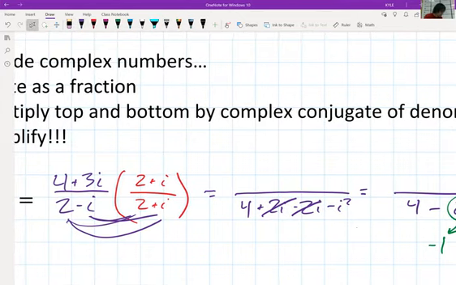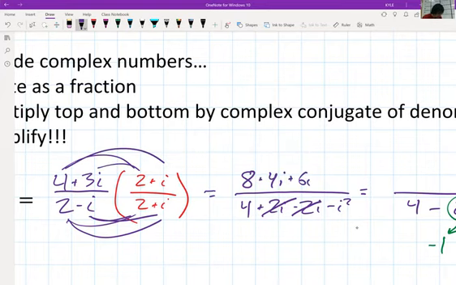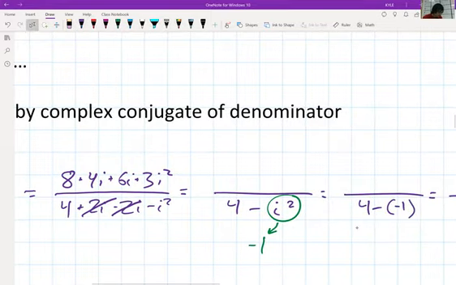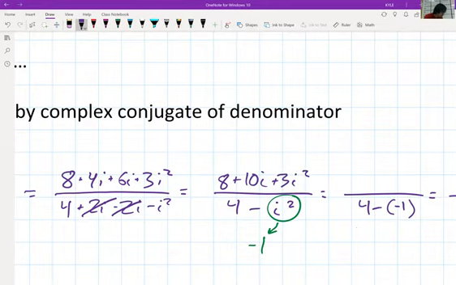So continuing on, let's just make sure. So we get 8, we'll FOIL the top, plus 4i, plus 6i's, plus 3i squared. We see an i squared. We know we'll probably be getting rid of that here soon. So 8 plus 10i's plus 3i squared.